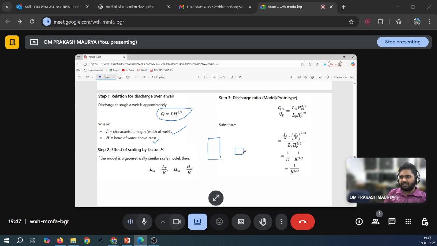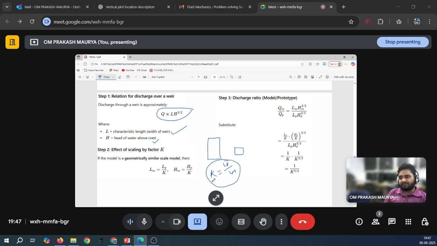So if it is geometrically similar, then you can write your scale k as the length dimension of the prototype divided by the length dimension of the model.